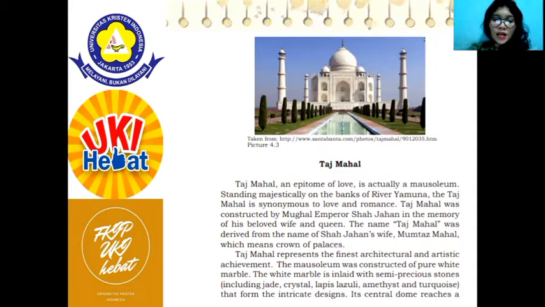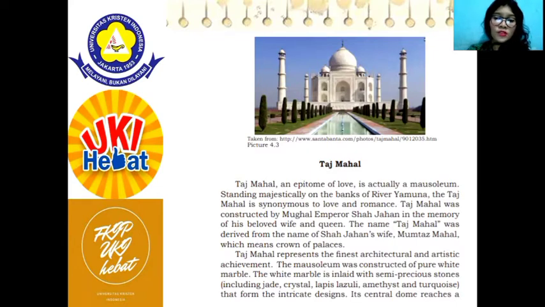Okay, start from now. Taj Mahal. Taj Mahal is an epitome of love. It's actually a mausoleum standing majestically on the banks of the River Yamuna. The Taj Mahal is synonymous with love and romance.